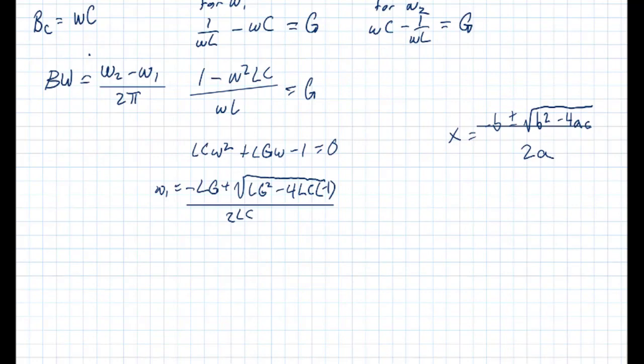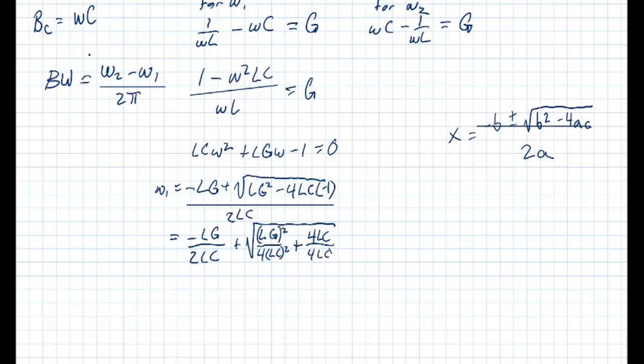So expanding a little bit further, we can get minus LG over 2LC plus the square root of, we'll put the denominator into the radical, so we get LG squared over 4 LC squared minus, and then with the minus 1 factor, that flips the sign, 4 LC over 4 LC squared.